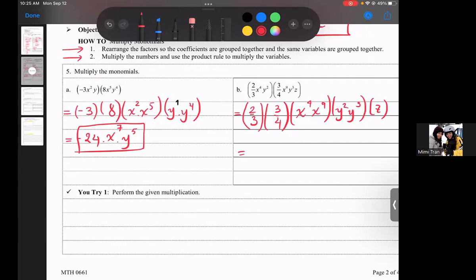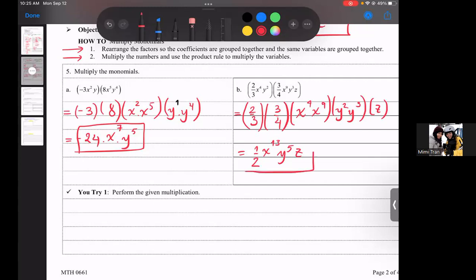One half. So you got the same answer. X to the 13, y to the 5th, and z. Somebody sees 1/2 here, is that okay? 3 is gone. 2/4 is 1/2. Well, not gone, but just 1.